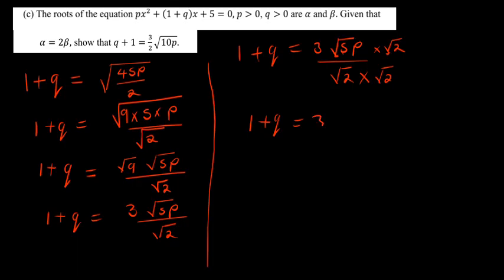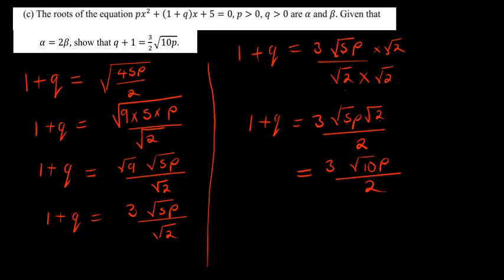So it is the same as the root of 5p times root 2. Then when you multiply the 2 by 2, it is just 2. Now here I can multiply these, so it will be root of 10p over 2, just like that.